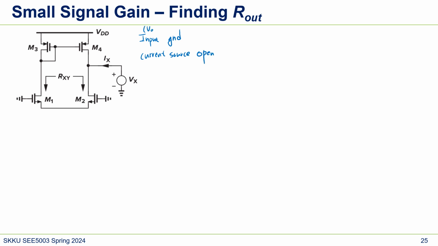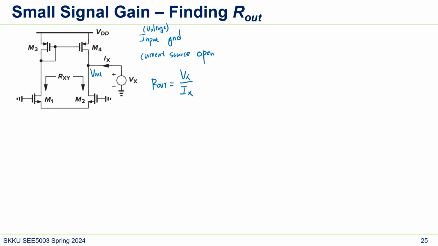Input is voltage. So here the input is ground, and there was a current source, right? And then we just open it. And we have to apply Vx and Ix here at the output node. And this is Vout. And Rout is Vx over Ix.